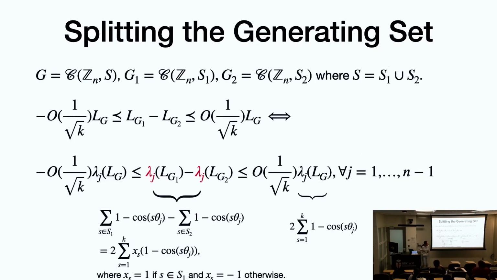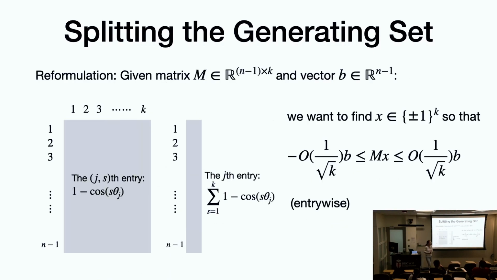Okay, we can reformulate these inequalities in a matrix form. Here we define an n minus 1 times k dimensional matrix M, where each row corresponds to an index j from 1 to n minus 1, and each column corresponds to a generator.